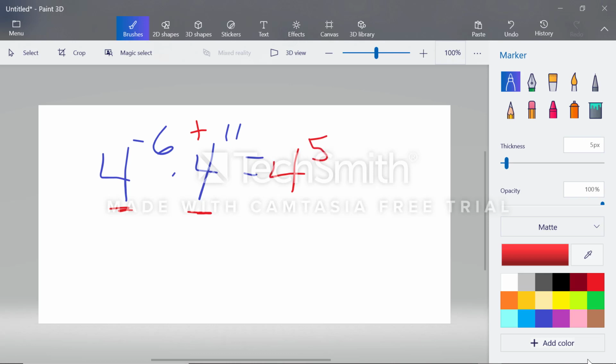Okay. But let's say perhaps I had 4 to the negative 11th power, right, times 4 to the 6th. Yes, we're still going to follow our rule and add.